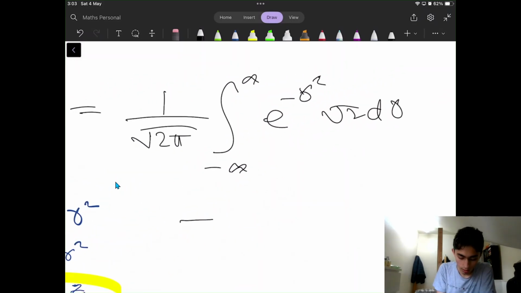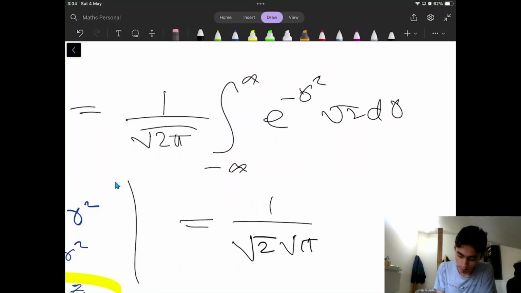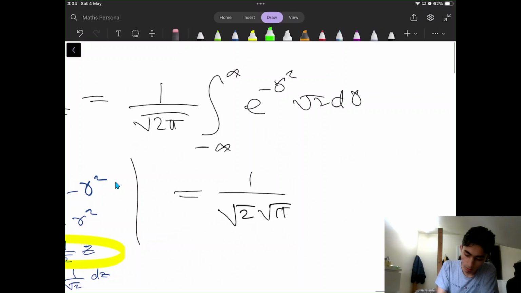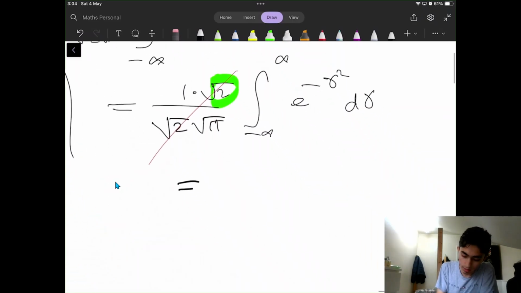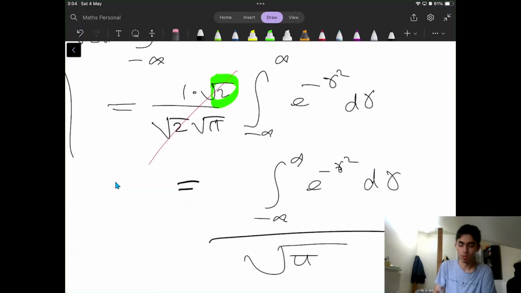So this can be further written as 1 over root 2 pi, that's just root 2 times root pi. And this root 2 can be brought to the outside of the integral. Fun fact, these root 2's cancel, giving us the integral going from negative to positive infinity of e to the negative gamma squared d gamma over root pi.